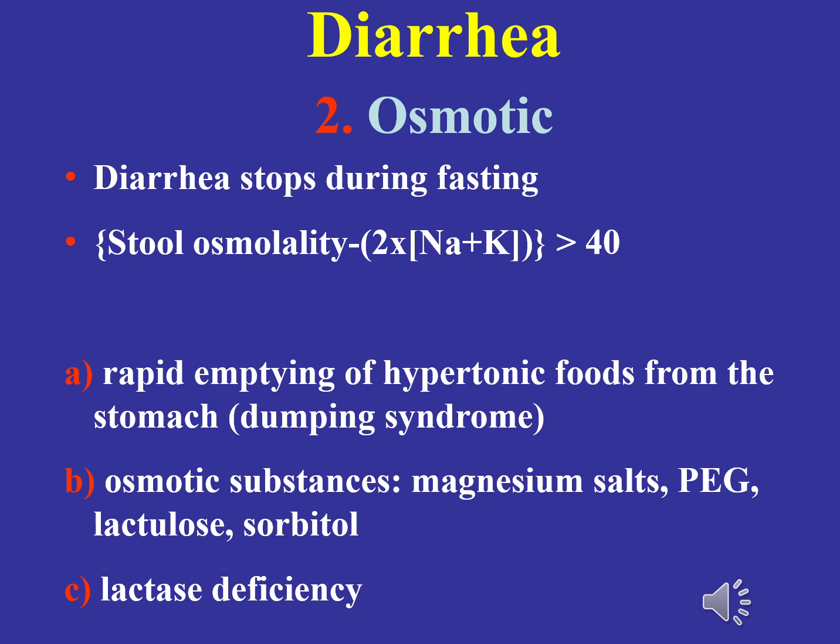And typically, the stool osmolality in this diarrhea is high. So if you calculate the osmotic gap, it will be more than 40. So stool osmolality minus 2 times sodium plus potassium will be more than 40, indicating the presence of some other substances besides sodium and potassium that increase the osmolality of stools.